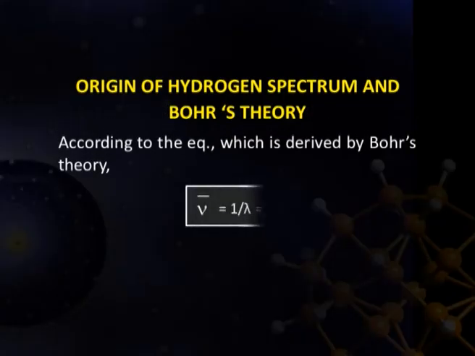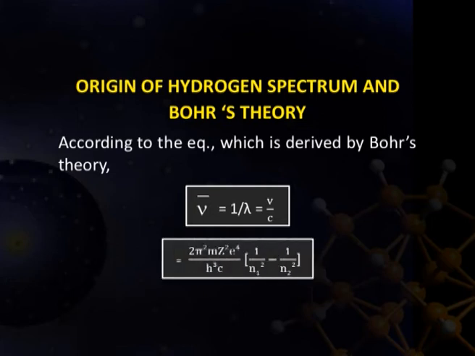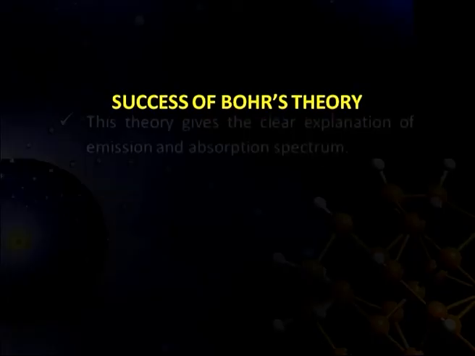According to the equation derived by Bohr's theory, nu bar can be calculated as 2 pi square m Z square e to the power 4 upon h cube c into (1 upon n1 square minus 1 upon n2 square). The success of Bohr's theory may be explained on the following facts.